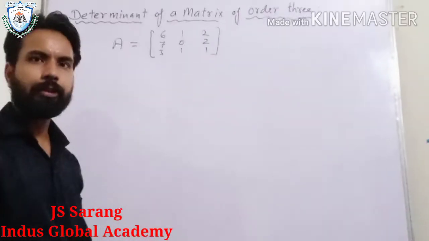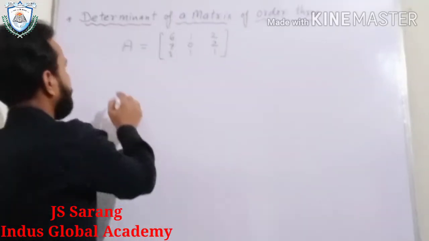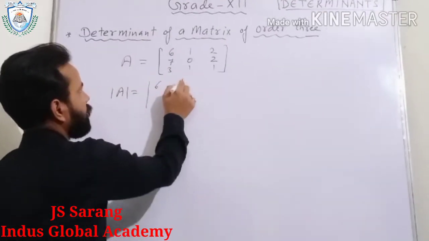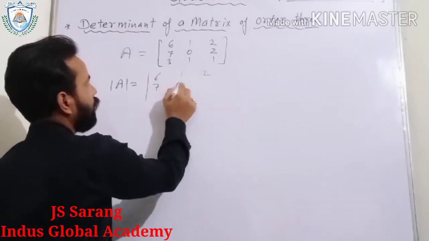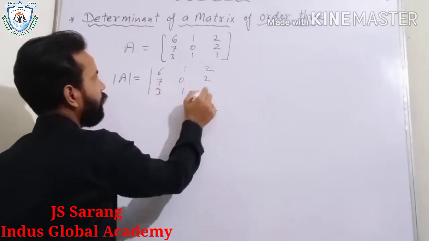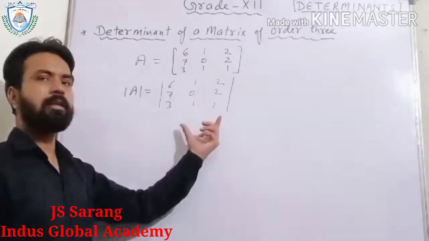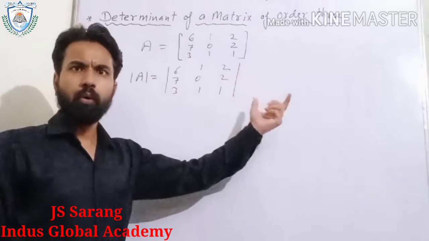Suppose that this matrix is here. We have to find its determinant. So determinant of A will be 6, 1, 2, 7, 0, 2, 3, 1, 1, and we have to find its value. So we have to expand this determinant along a row or a column.